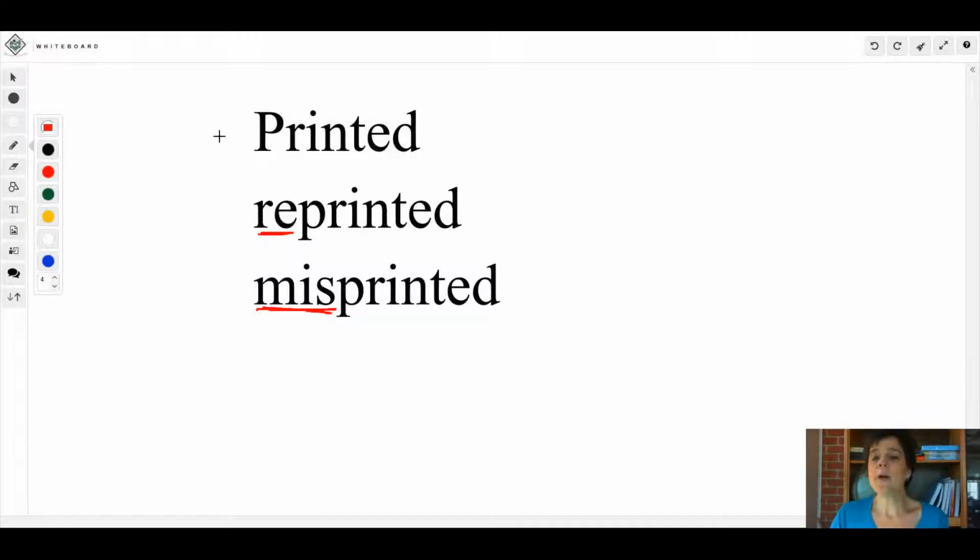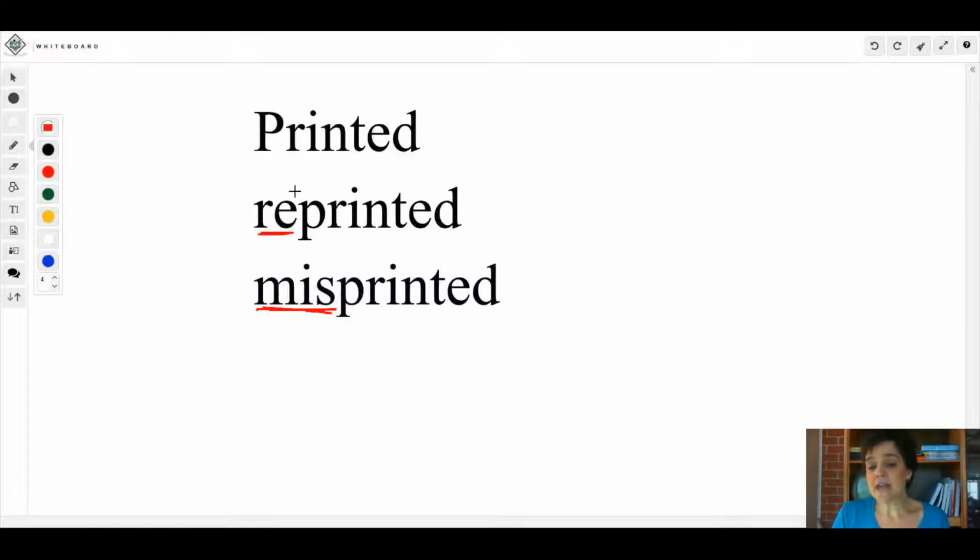You know what printed means. It means you print out a piece of paper, or you printed something on a piece of paper. Reprinted means that you did it again, like repeat, reprinted, you do it again. Misprinted means there was a mistake.